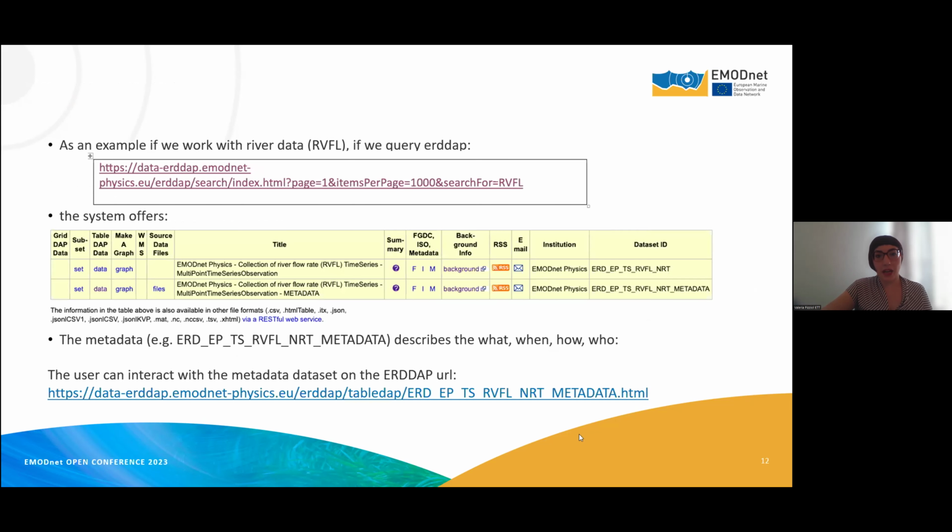And one thing that we are stressing is the presentation of the dataset and of the metadata in the system. This is basically a simple representation of what you can see when you look for a dataset in EMODnet. So there are the most basic data and the basic information about the dataset.